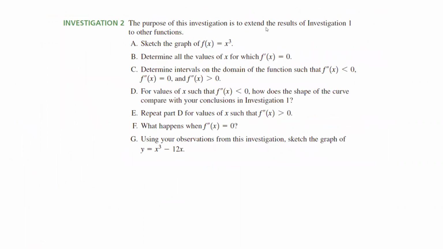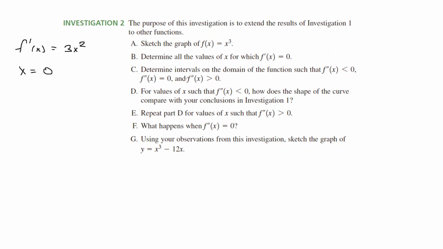And here's the second investigation, and we're going to do the same with the function x to the third power. First we're asked to determine at which points the first derivative equals 0. The first derivative would be 3x squared, and this equals 0 when x equals 0, the only point.